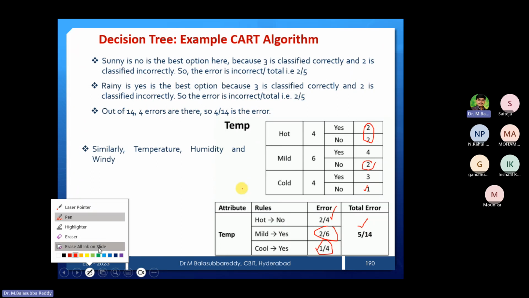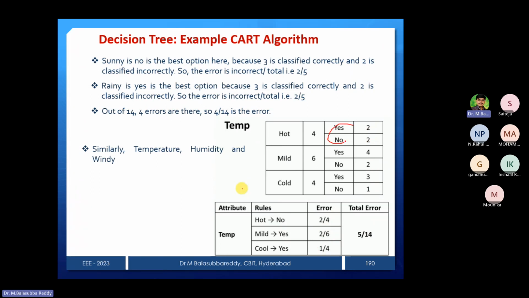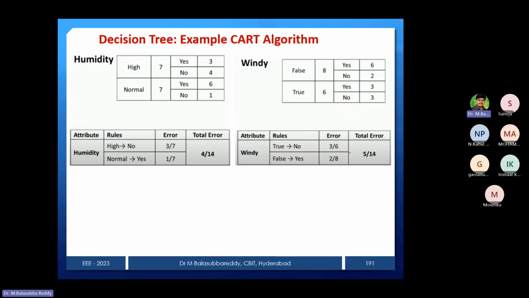Because both are 2 and 2, that is the reason I took it as no; here exactly again 2 by 4 and 2 by 4 we get. Similarly, if you want to select, you have to calculate the individual error if it is the same. Here 3, 3. But anyhow, if I take yes also 3 by 6, or no also 3 by 6, we get it. So that's why anyone you can take randomly.